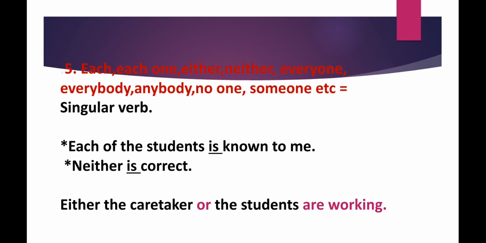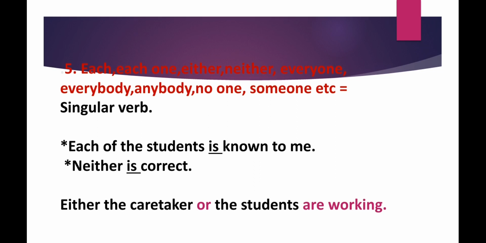Neither is correct. Alright, now in case you come across this kind of sentence, either the caretaker or the students dash working. If they give is or are in the bracket, then you have to keep this in mind. Don't think you saw the word either, so you give a singular verb.